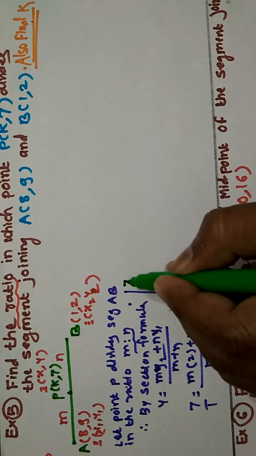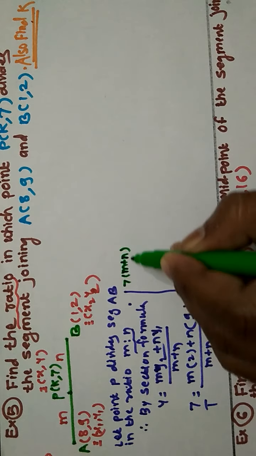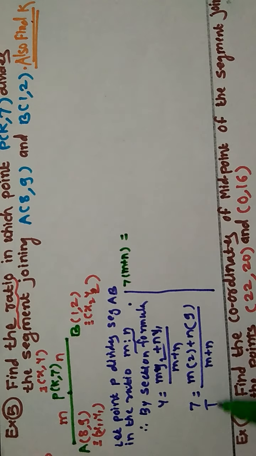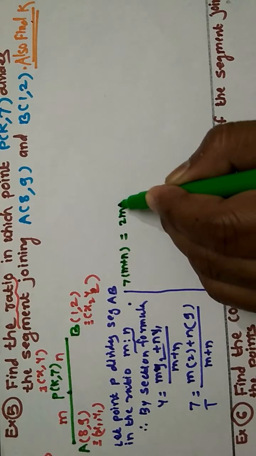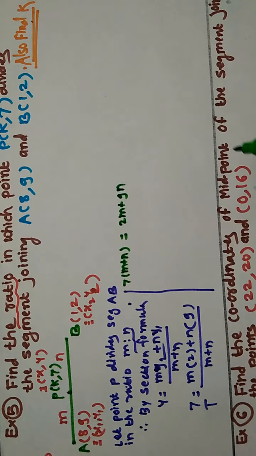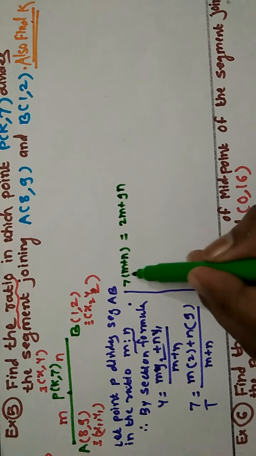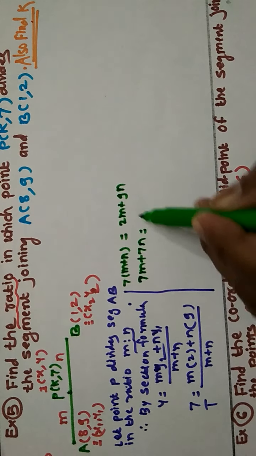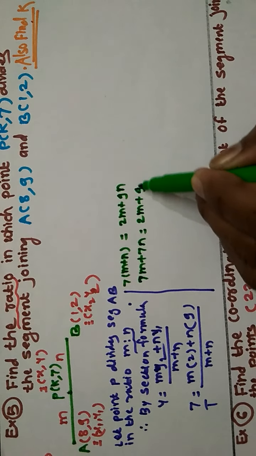7 into (m plus n) is equal to 2m plus 9n into 1, means 2m plus 9n. Now multiplying 7, we get 7m plus 7n is equal to 2m plus 9n.